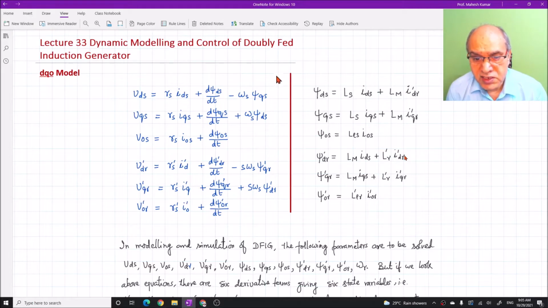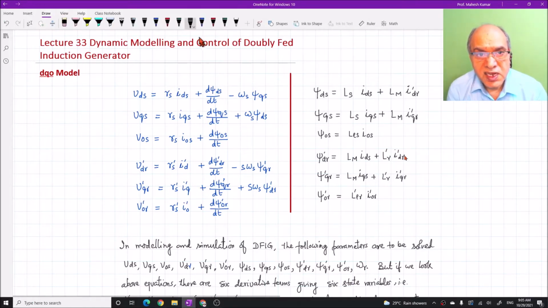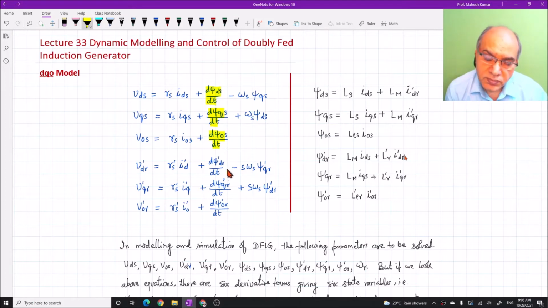Now if you see this system, there are first derivative terms involved with the flux linkages. You can see here d psi ds by dt, then d psi qs by dt, d psi 0s by dt, similarly d psi dr' by dt, d psi qr' by dt and d psi 0r' by dt.